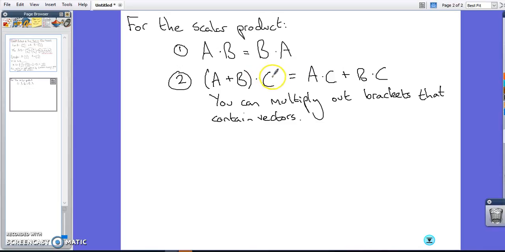So, if C is a vector, then we just do A dot C plus B dot C. And again, using arbitrary components, you could work this out with some two-component vectors and see if you get the same answer for both.